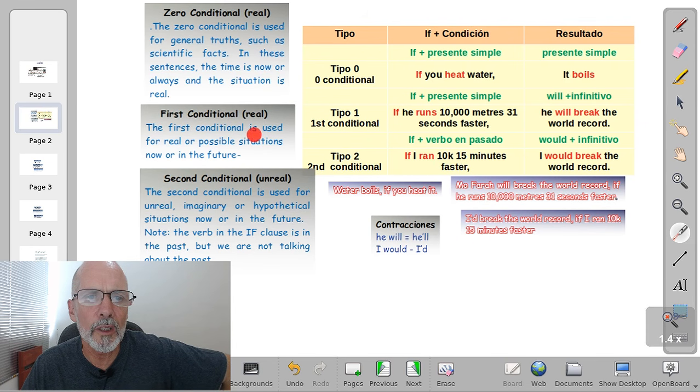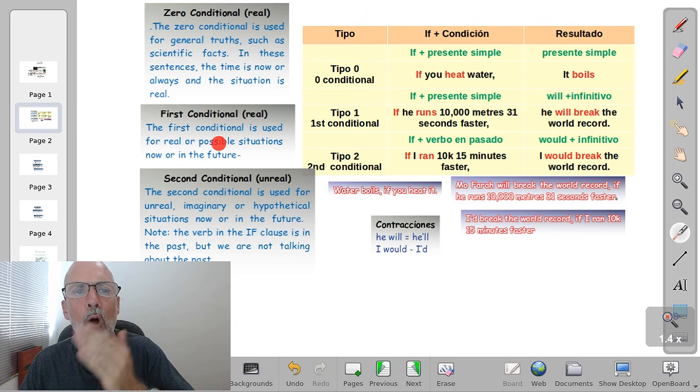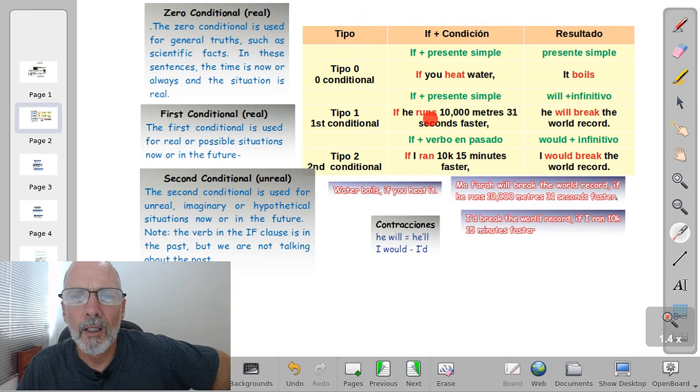The first conditional is used for real or possible situations now or in the future. Present simple in this side, will plus base verb on this side. Present simple, future simple. Present simple in the if, future simple in the result.